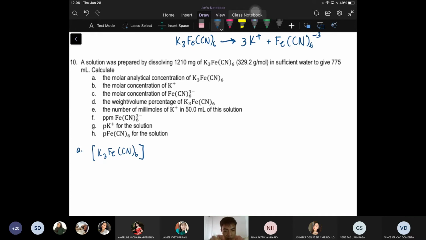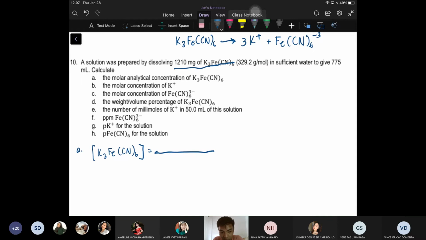Okay, so molarity in square bracket ko na lang, para ma-identify natin kung anong substance yon. Okay? So what is molarity? Mole per volume of liter, volume of solution in liter. So that's mass of your solute. Ito yon.